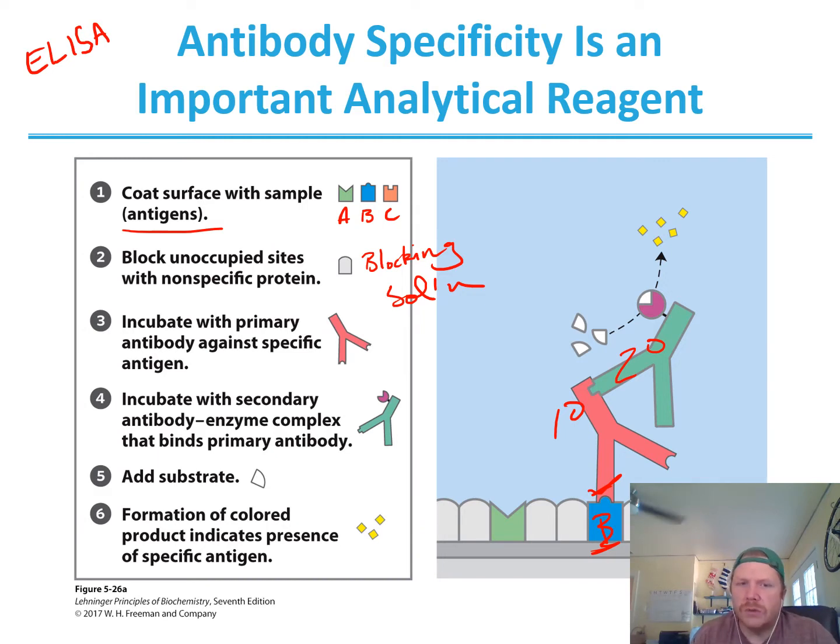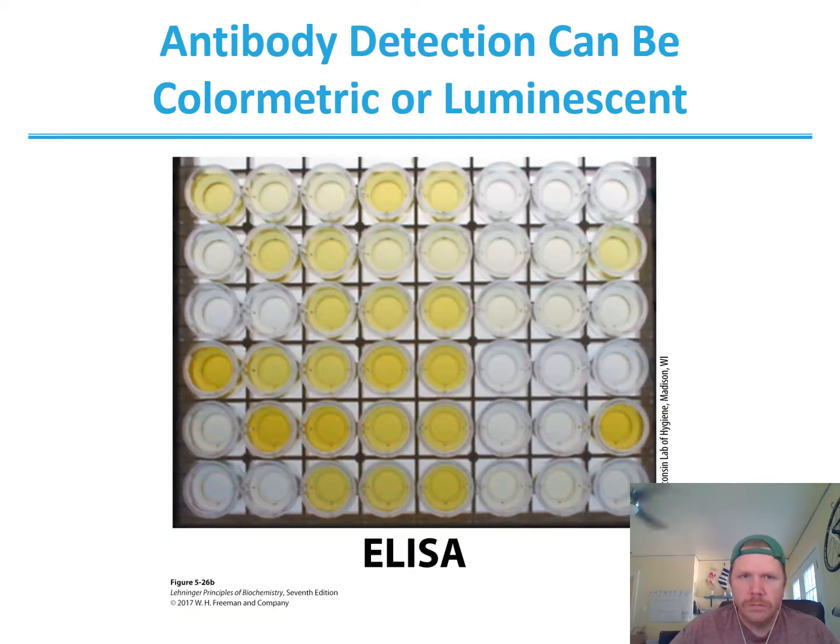You can add a substrate to that, and then you can produce a product which is an indirect measure of whether or not that initial antigen B was present.